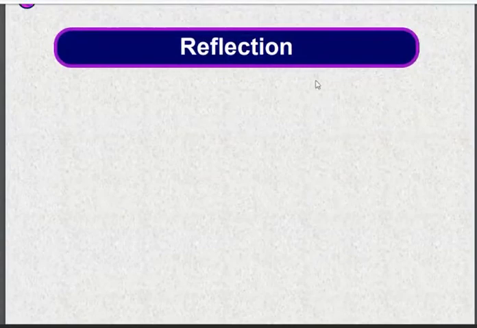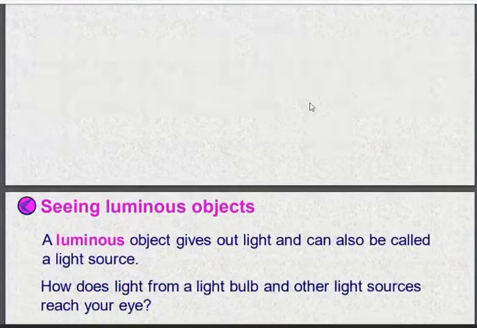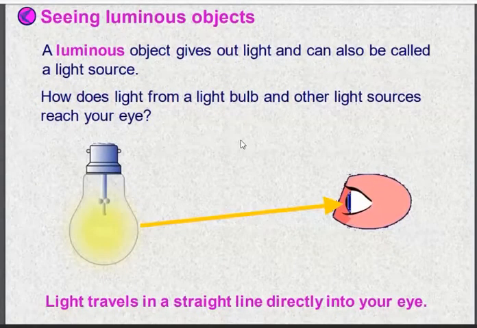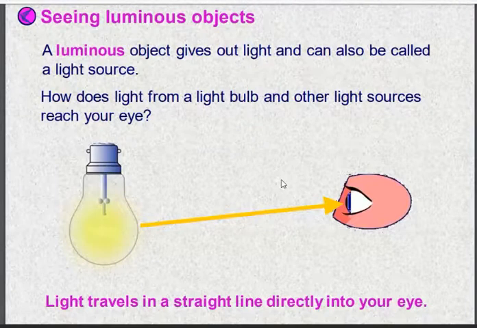Now the optical phenomenon is reflection. What is reflection? Try to understand. We see the things around us which are luminous and non-luminous. Luminous objects are those which give out light and hence act as a source of light, and can also be called light sources.